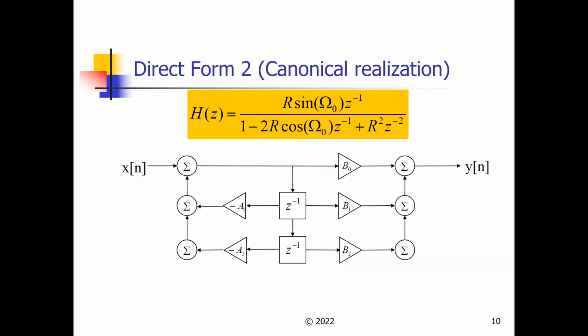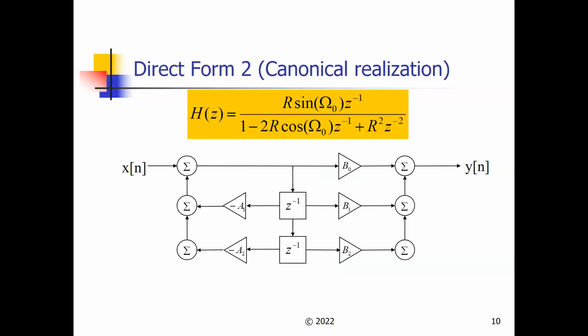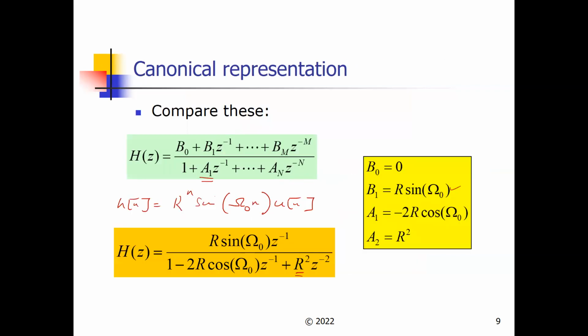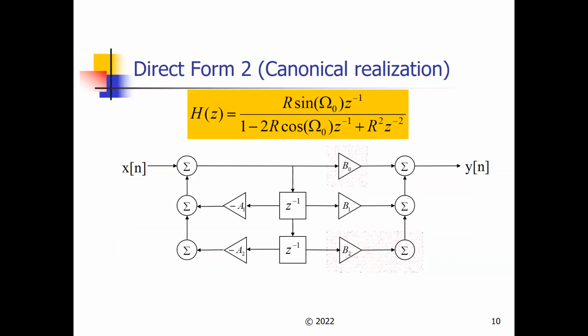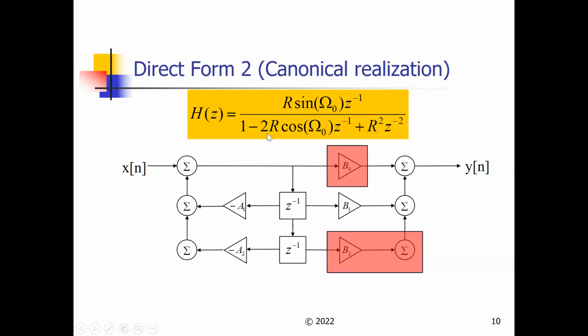We go back now. This is the general form. So what we said here, B0 is 0, so you can block out all of them. We don't have any B0, and we don't have a B2. So block out B0, block out B1. And then if you're using it as we have here, minus A1, remember A1 is this, so minus A1 is going to be 2r cosine omega 0.